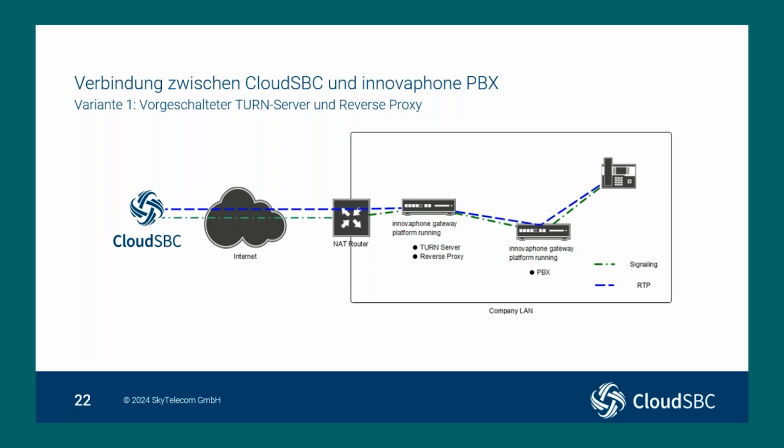For example, there is a denial of service attack from the internet. The reverse proxy might go down on a high CPU load, but my phone system must keep untouched. Okay, it's no problem. This is scenario 1. Give this customer a separate Innovaphone gateway, which runs the turn server and reverse proxy.